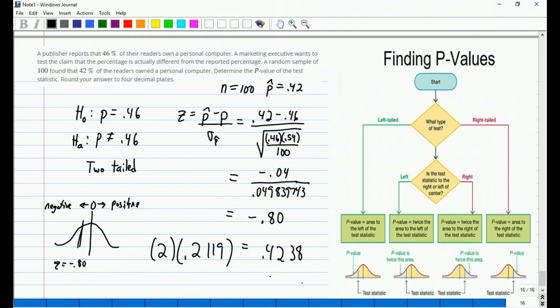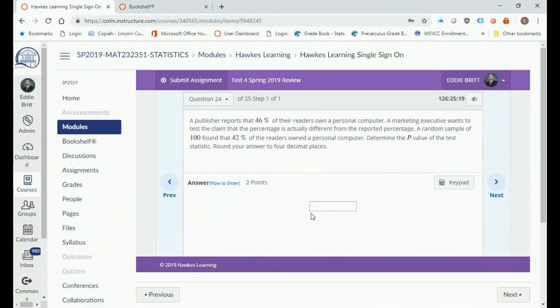My answer key says 0.4237, so I would assume it's still going to take this answer. If it gives us the wrong answer here, and for some reason you missed this problem, I'll just give you credit. I'm cool like that. I'm going to put 0.4238 as my answer, and we'll see.